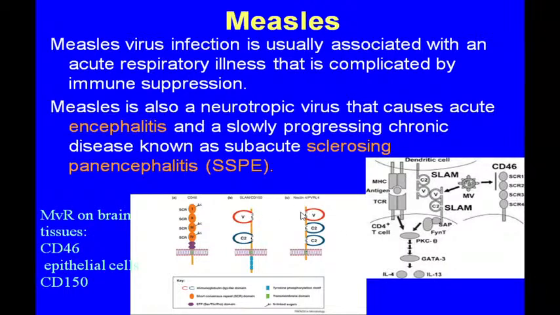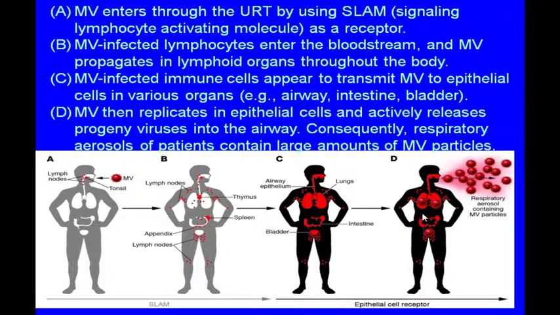So that is the receptor that can be used on the brain tissues. And also those receptors can be found in the dendritic cells and macrophages, and these are CD46 receptors and SLAM CD150 receptors. So through these receptors, the virus may infect also antigen-presenting cells.